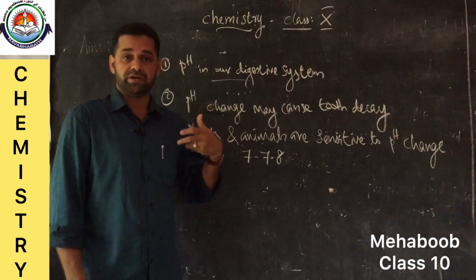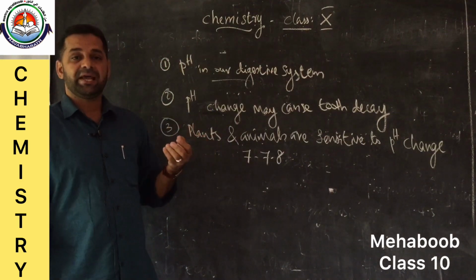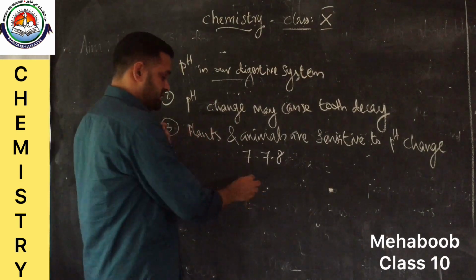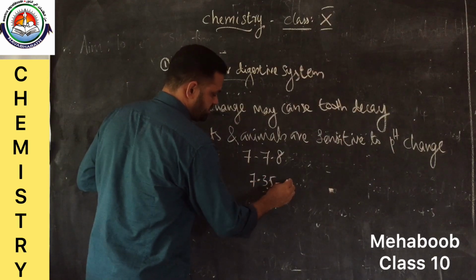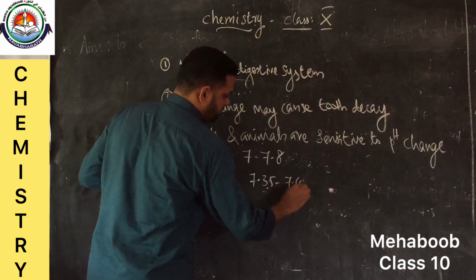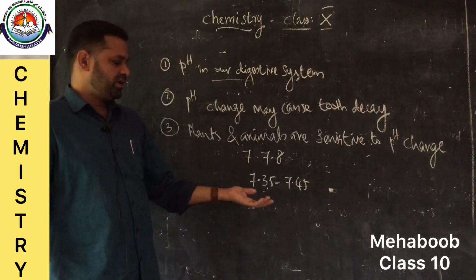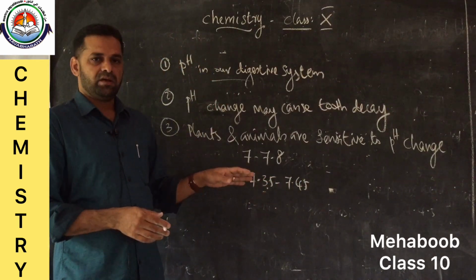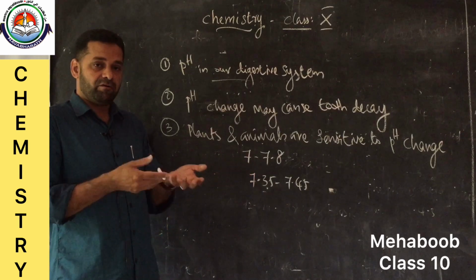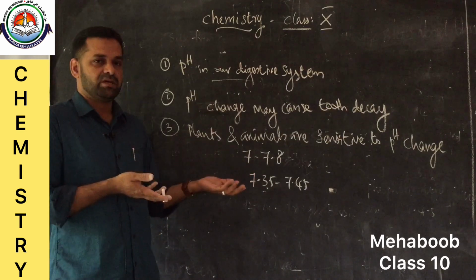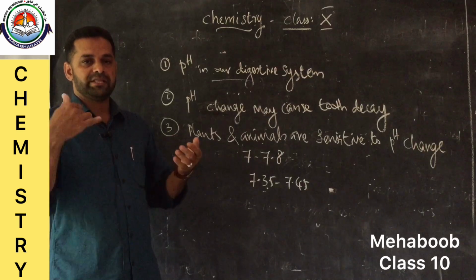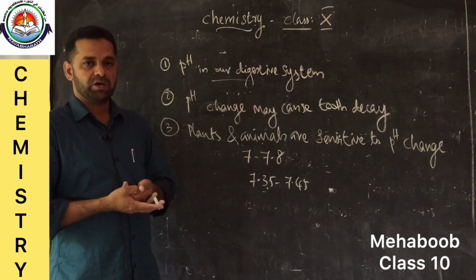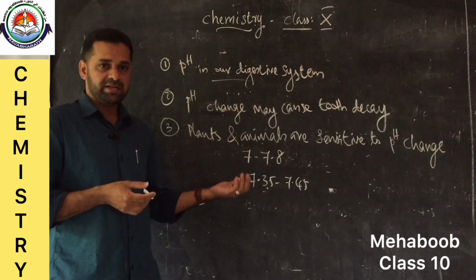Our blood is slightly alkaline, and its pH value is 7.35 to 7.45. So if the pH value of our blood or anything is changing, it may adversely affect the existence of humans and plants also.